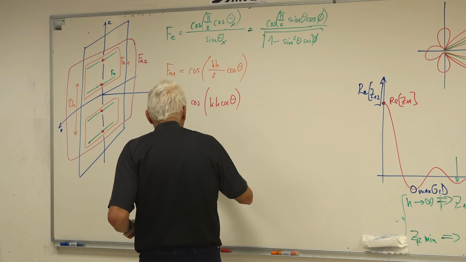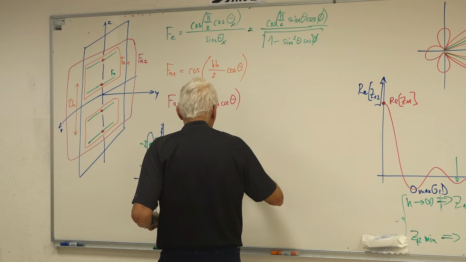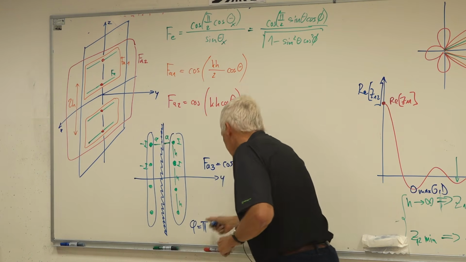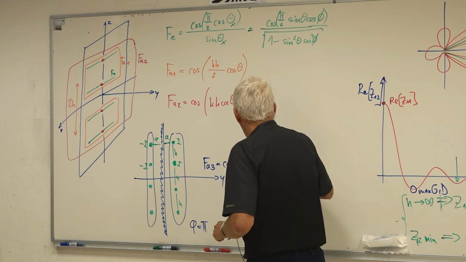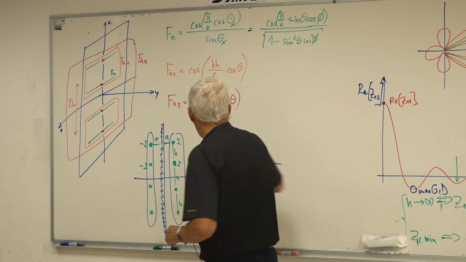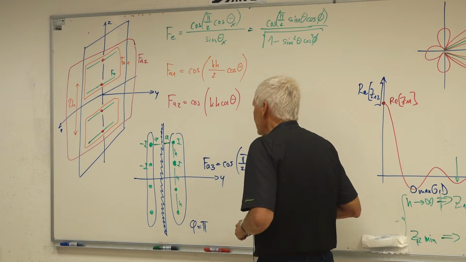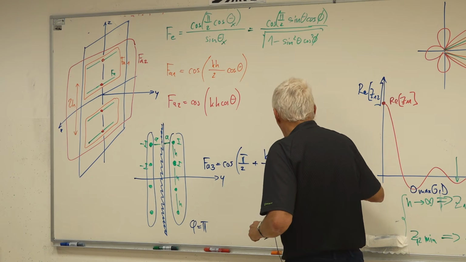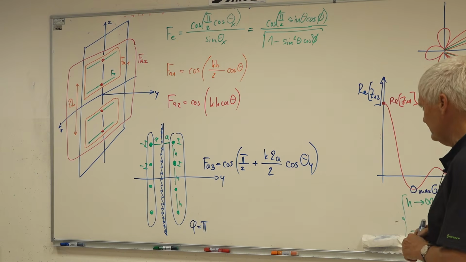So f array 3 is now equal to what? Cosine of pi half, because phase angle is pi, plus kh, where h is now 2a here, 2a, half, cosine of theta y, because it's y now our polar axis.